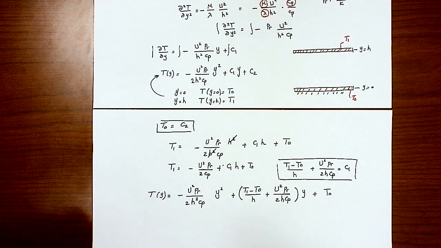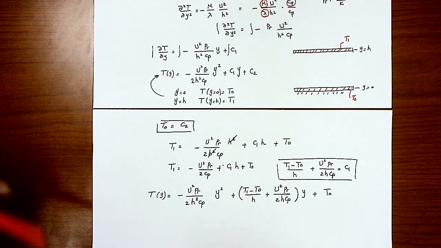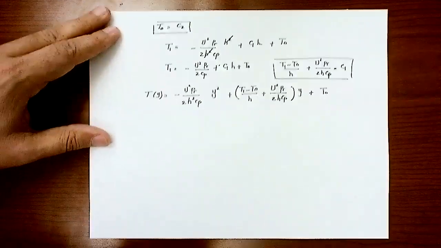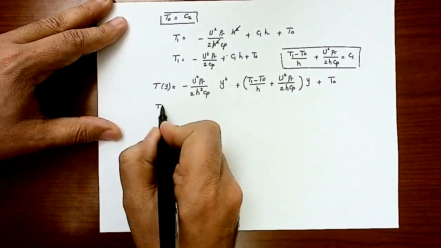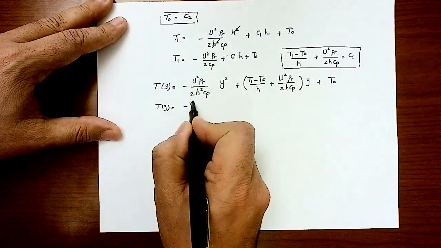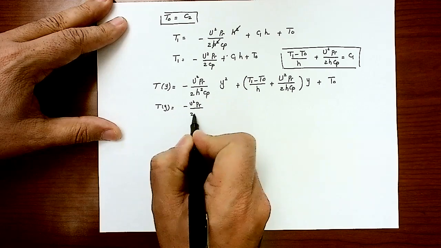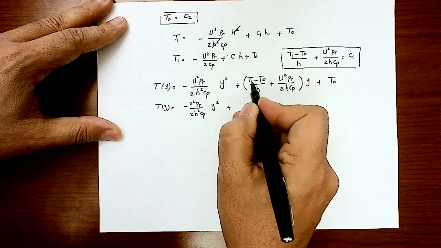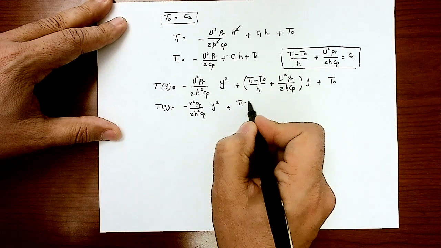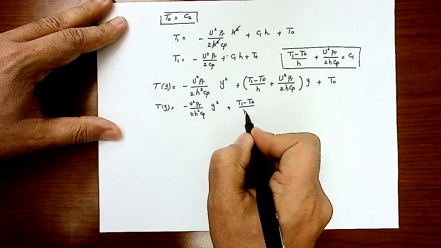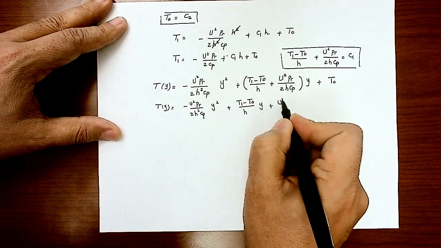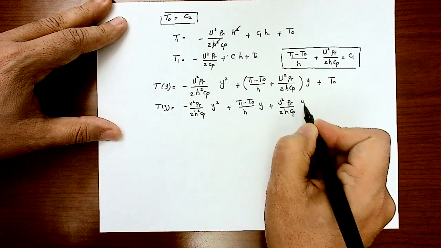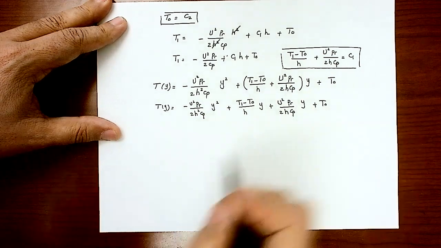Let's distribute that term here, then simplify the equation in an easy way. So T as a function of Y equals minus U square Prandtl number over 2H square CP Y square, plus T1 minus T naught. Keep it that way right now, but we're going to remove that and call it delta T later on. U square Prandtl number over 2H CP, that's Y, plus T naught.